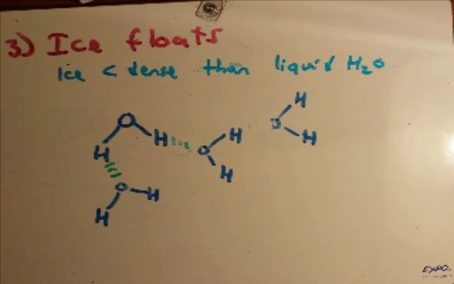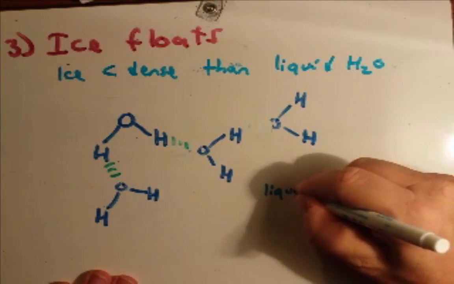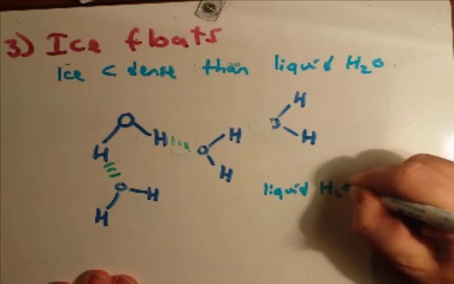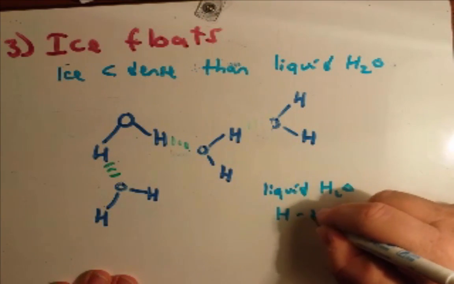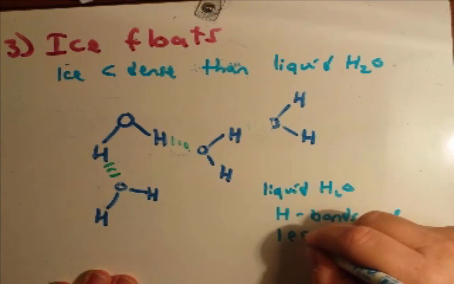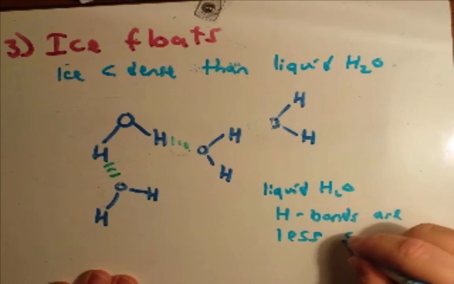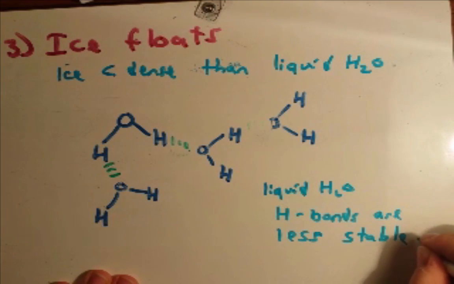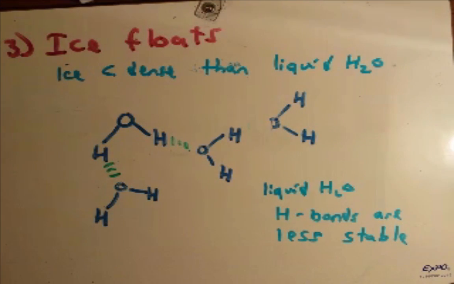So let's write that down here. Liquid water, the hydrogen bonds are less stable. Now, as the water temperature approaches 0 degrees Celsius, that is freezing, what happens is the hydrogen bonds within the water molecules will become more stabilized.